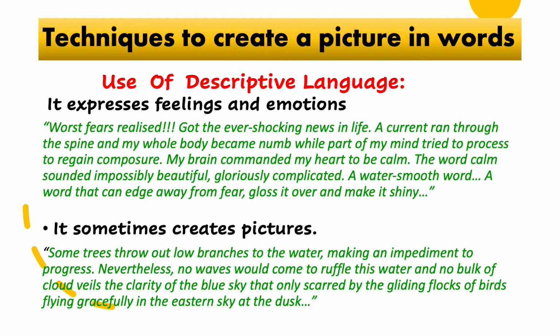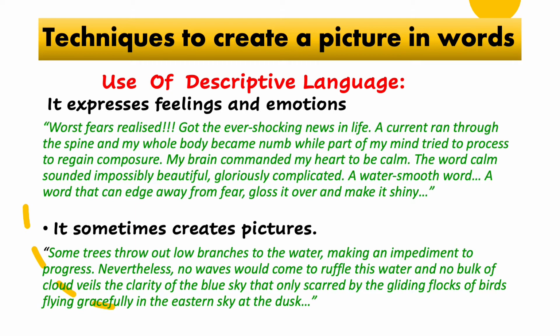Descriptive language is used to express feelings and emotions in order to create for the reader the same feelings you have in your mind. Instead of using vague general words, your sensory language should be concrete and sensory packed. Let's read this example.